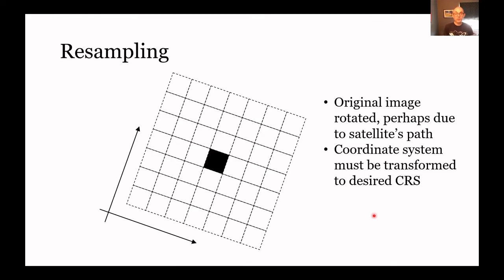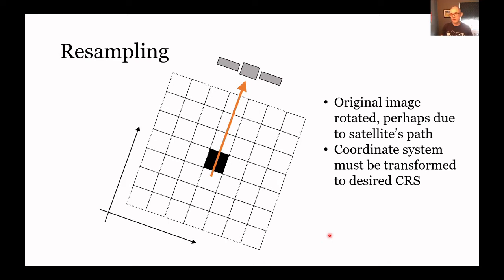So if this is our original image, some raster with cells or pixels, however you want to describe them, depending on what the data is. Perhaps we should say pixels because this is remote sensing focused. Here we have our raster, and it's a remote sensing image, so perhaps a satellite flying over, and the satellite is not taking into account whatever coordinate system we choose to work in. It's doing its own thing.